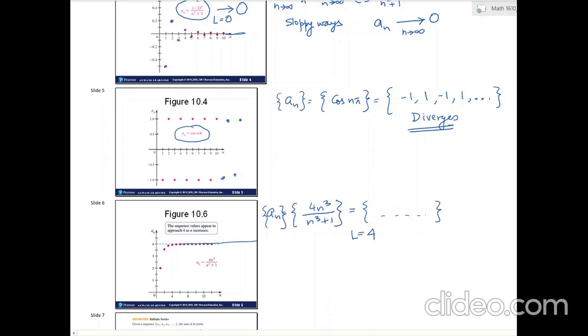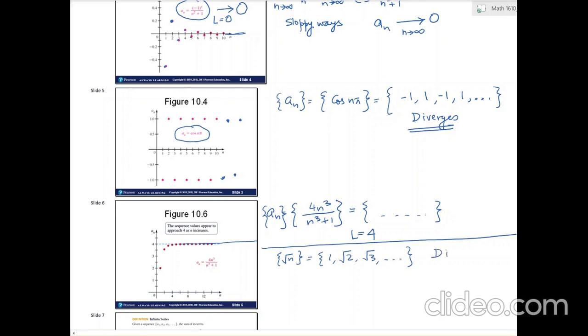Now let's go back and look at some of the examples that we just wrote a few seconds back. The one that I wrote was the sequence square root n, which was 1, square root 2, square root 3, and so on. Now clearly, as n increases, this is just going to keep increasing to infinity.